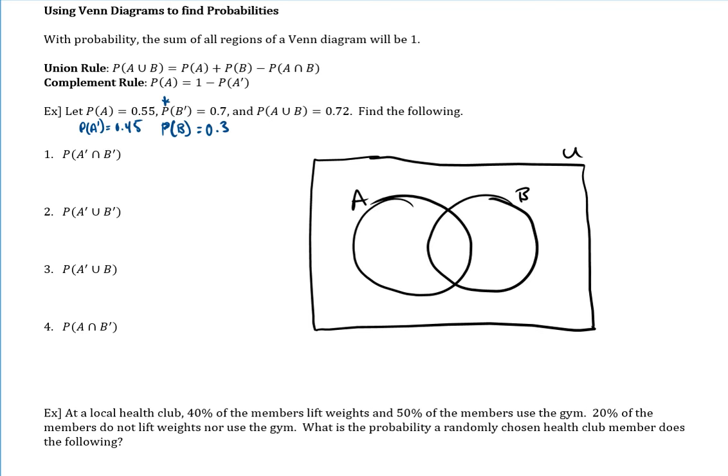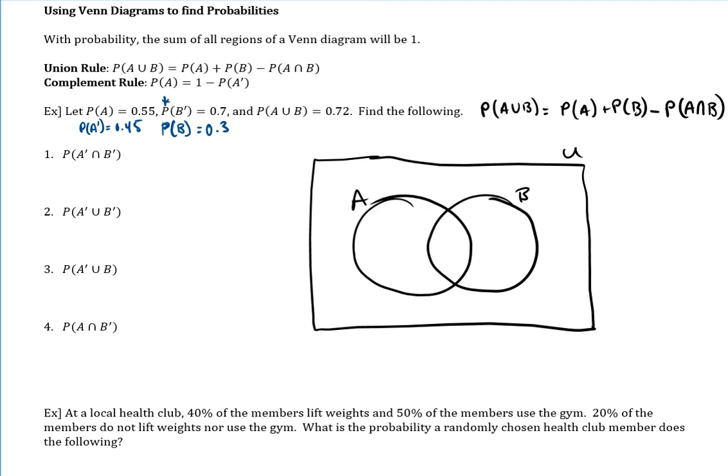Now that I've written those out, I'm going to take our probability of A and our probability of B and the union and use my union rule. Let's do that right to the side on this problem. The probability of A union B is the probability of A plus the probability of B minus their intersection. So we've got A and B like that.